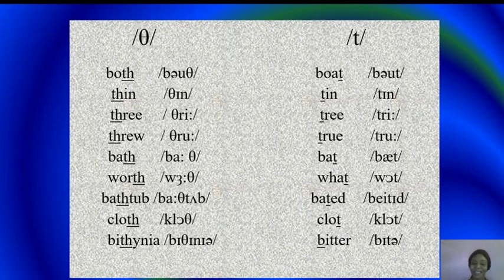Bithynia is actually a country, an ancient kingdom in the Roman Empire. Beetle has to do with taste. Yeah. So let's go over to the last word that we would be looking at, which is 10th.